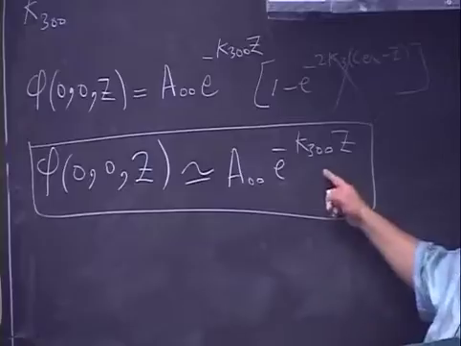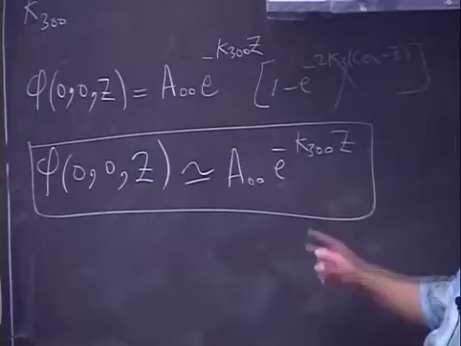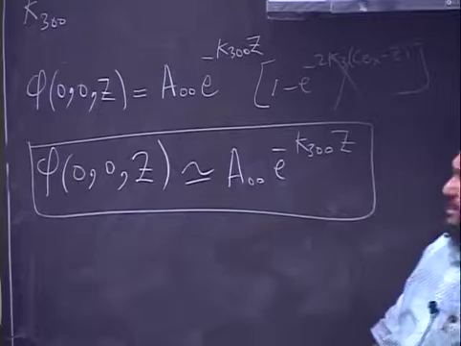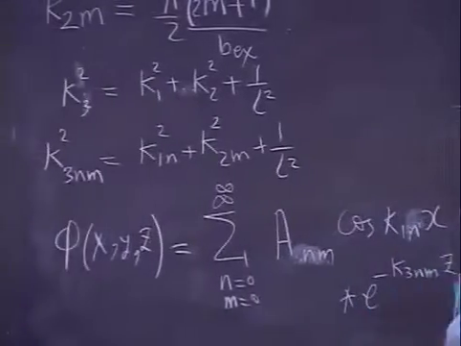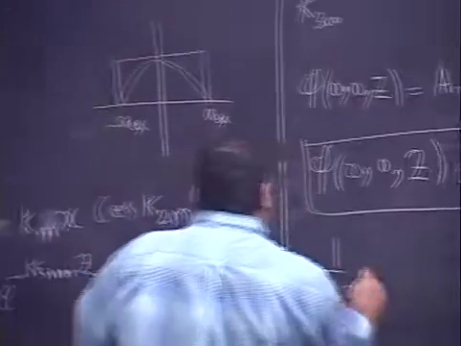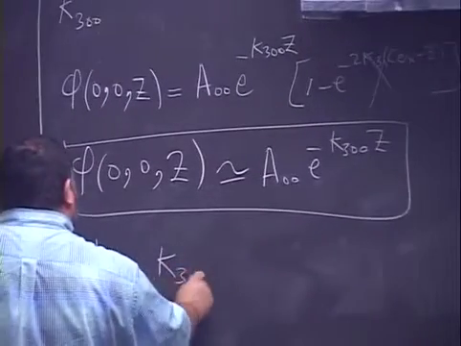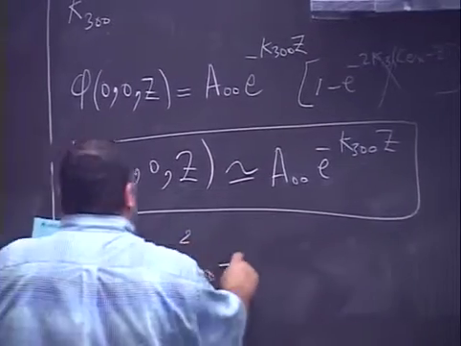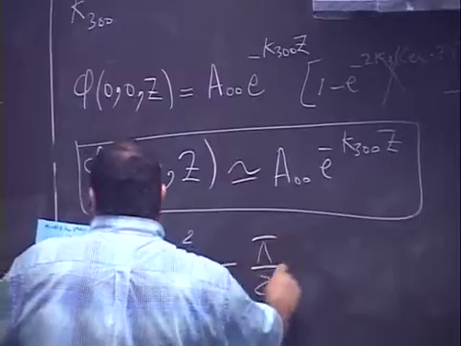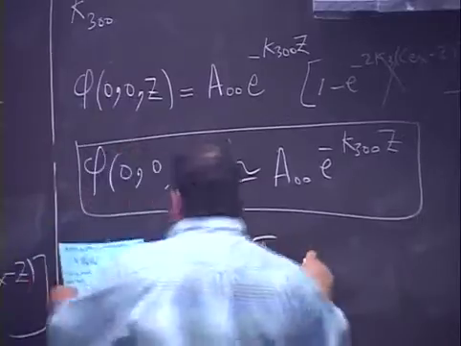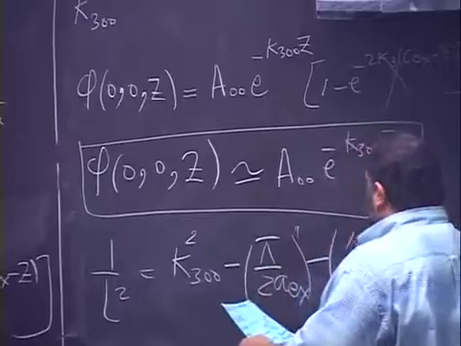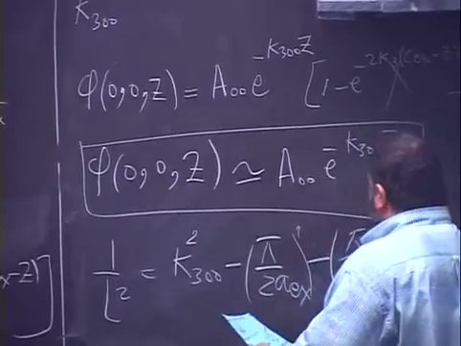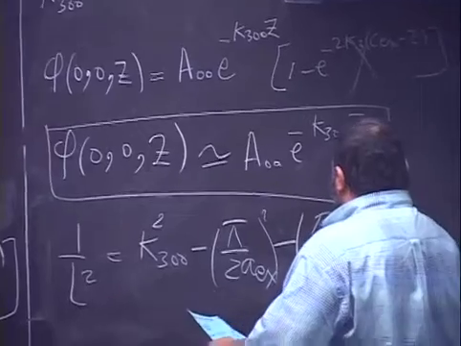If you are able to calculate K300, you will be able to calculate L. So 1 over L squared will be K300 squared minus (pi over 2 A extrapolated) squared minus (pi over 2 B extrapolated) squared.